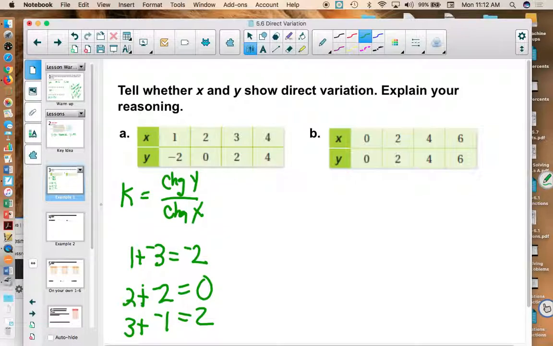Get it graphed. Just graph A. I'm gonna start off with just that one, because then we're gonna talk about something else.